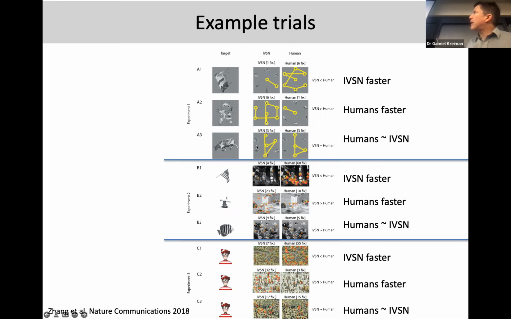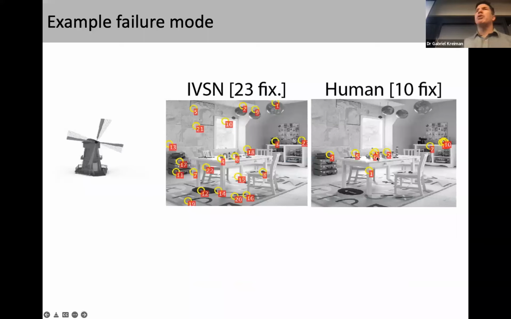On the left, we have performance of the model. On the right, we have human performance. We have some cases where the model is better than humans, other cases where humans are better, and many other cases where humans and the model are comparable. And I want to end by showing you one example, which is a pretty serious failure for the computational model.